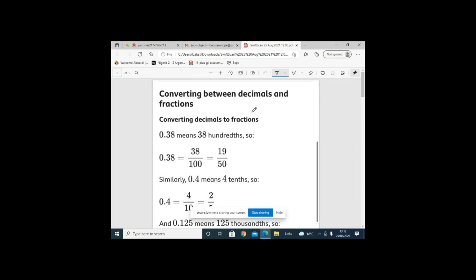For the first one, we want to convert from percentages to decimals. For example, convert 38% to decimals.